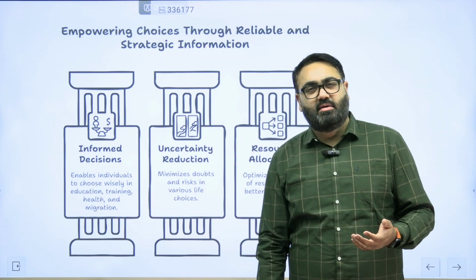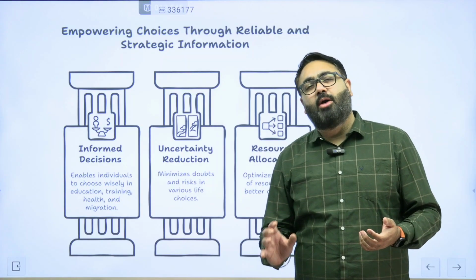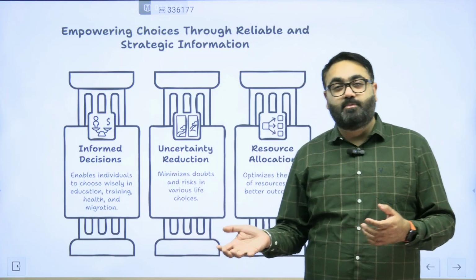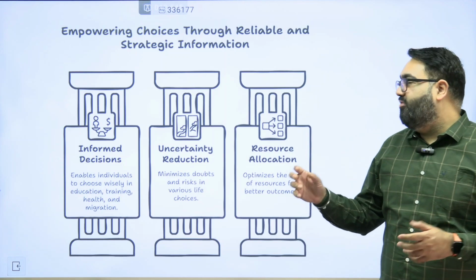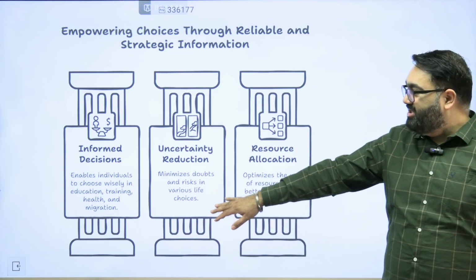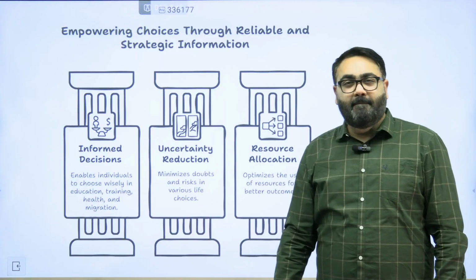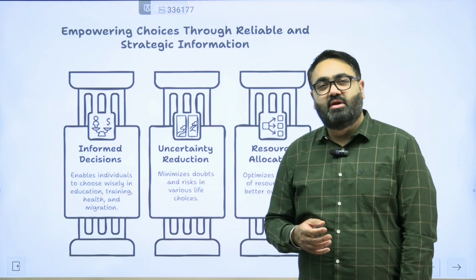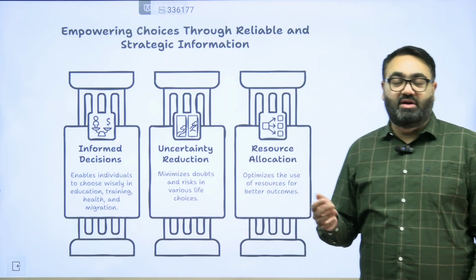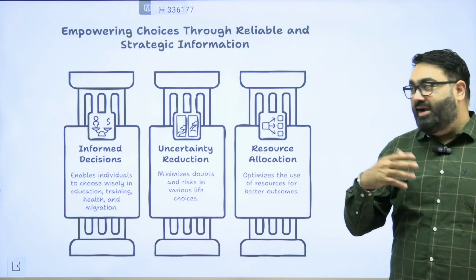This is something that the government has been giving a push to ensure that people make informed choices. It also reduces uncertainty. When you make an informed decision, you know the pros and cons and the outcome of the decision that you have taken. All that helps you out.